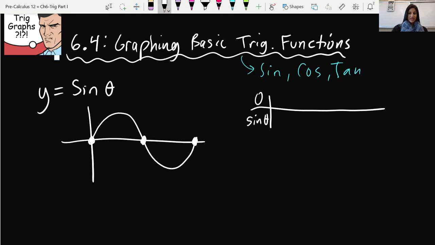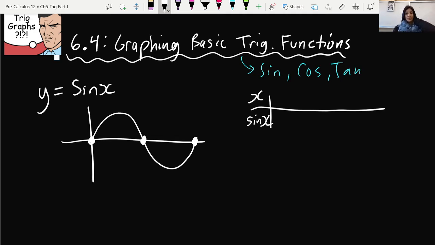Instead of x I could say theta up there. That makes sense. That's like our x value. And if you're finding that confusing, I could instead just say x and sine x. So that top one would be the x values and sine x would be the y values. So it really doesn't make a difference.